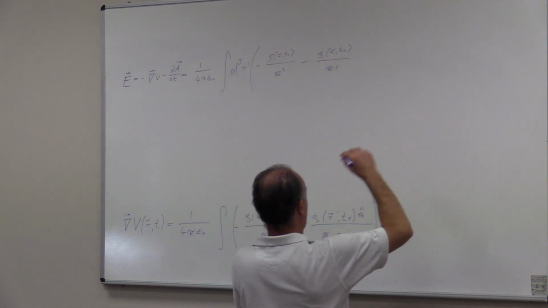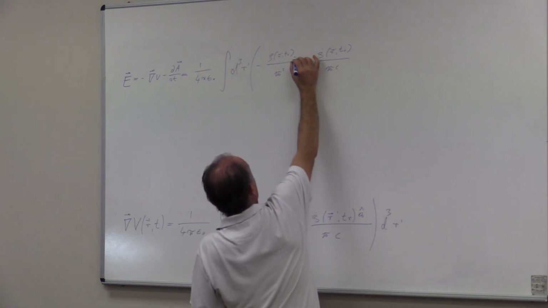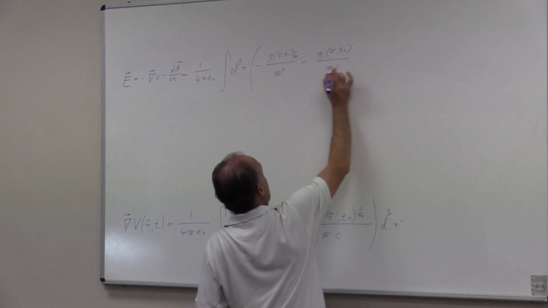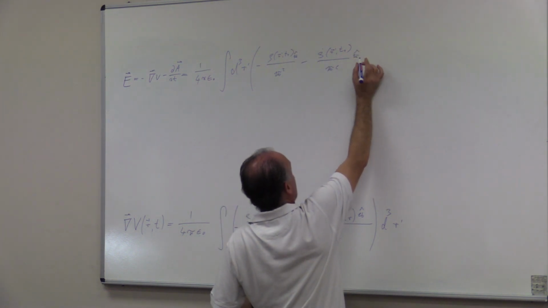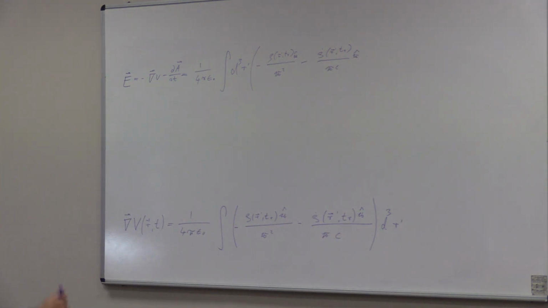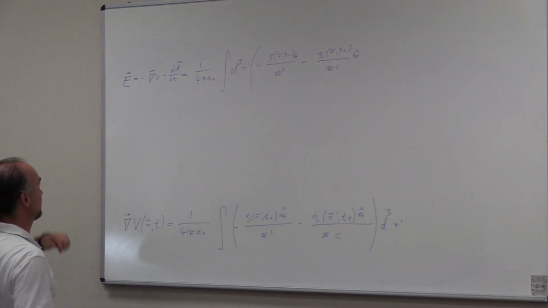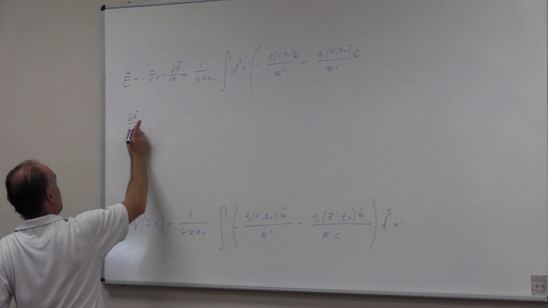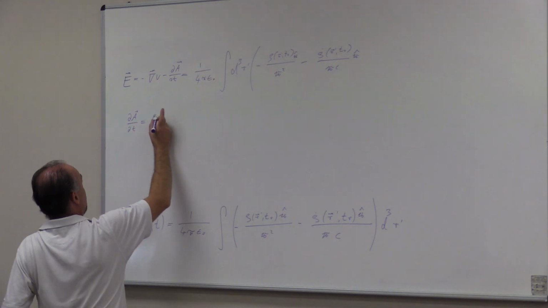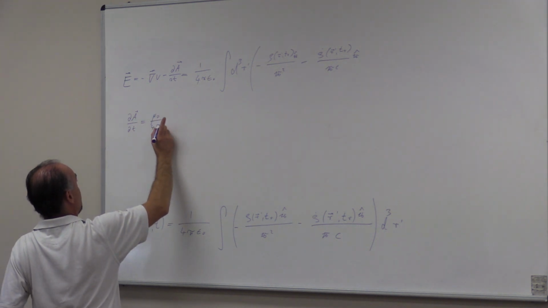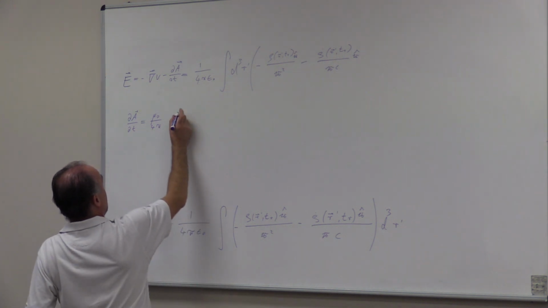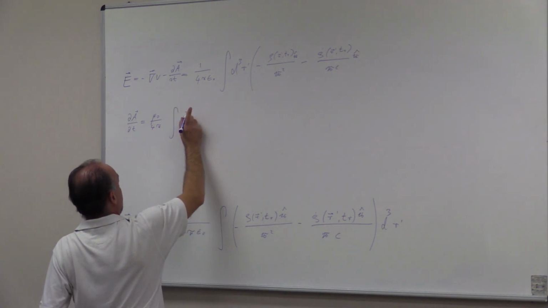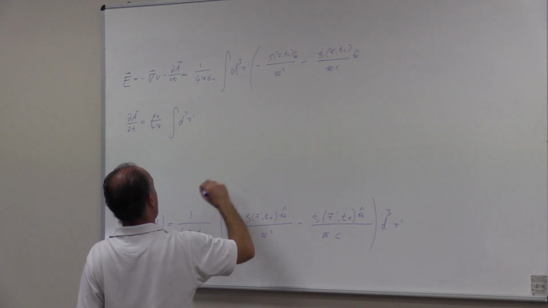Then in the r direction here. And then let's see what the last term is. dA over dt is mu naught over 4 pi integral d3r prime.